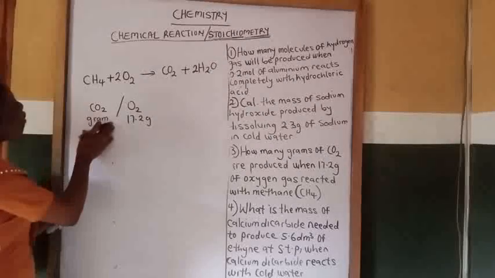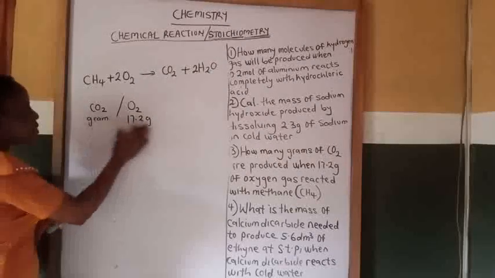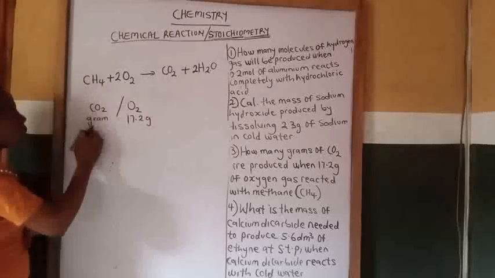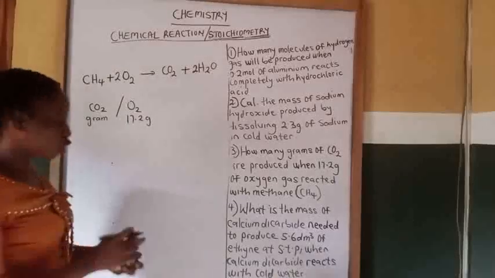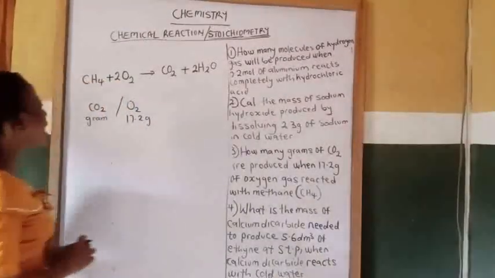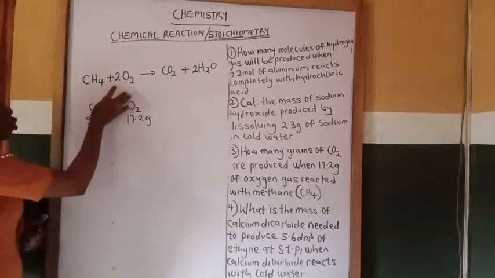So the carbon 4 oxide is in gram, and oxygen is in gram. So the question is in form of mass relationship. These are the 2 substances required.